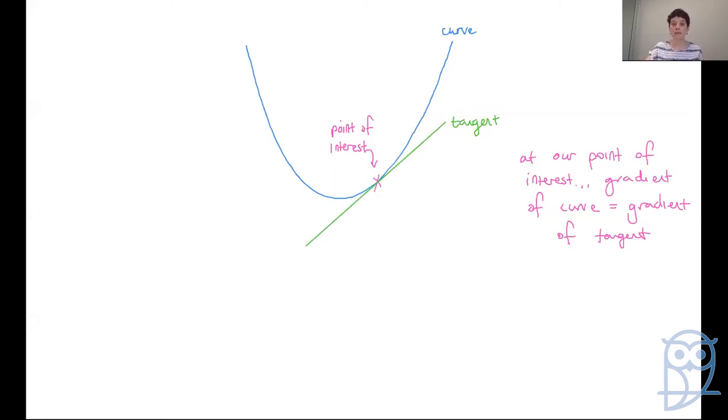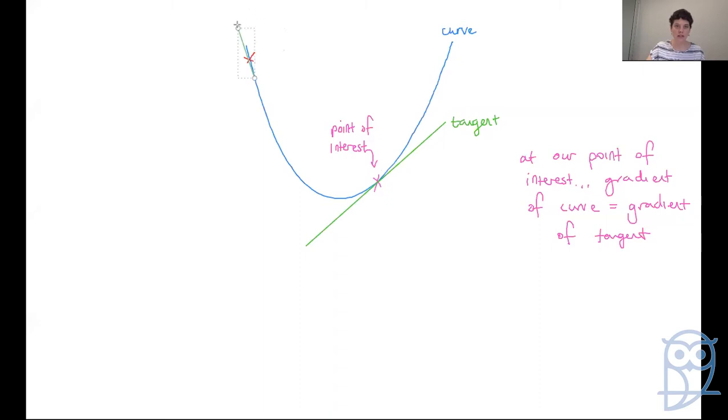Always remember that if you have a different point of interest, let's say we're interested in this point here, then we would need a different tangent. So for, let's say, this point, the tangent would look rather like this.